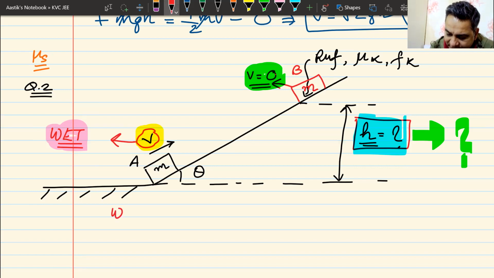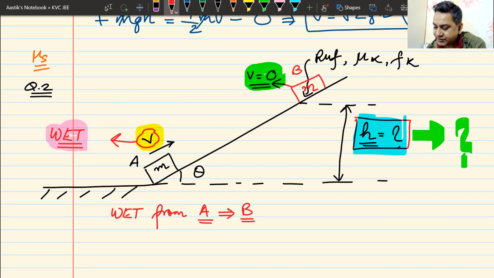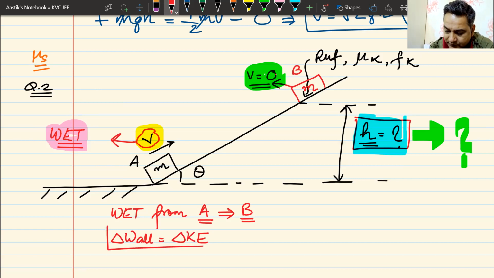I will have to apply the work energy theorem from point A, which is the lowest point, to point B, which is the highest point. What does the work energy theorem state? It says that work done by all forces is equal to change in kinetic energy. So far, so good.